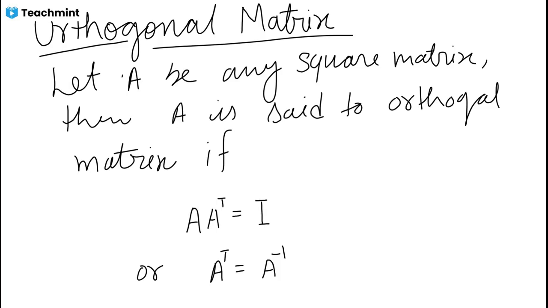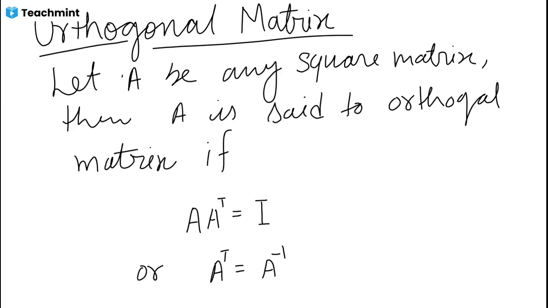So let me check what is the next topic you have. Just idempotent and stuff. Okay, idempotent. Idempotent matrix means when we multiply a matrix to itself, then it will become the matrix itself.